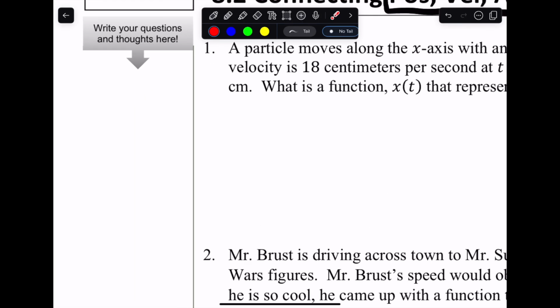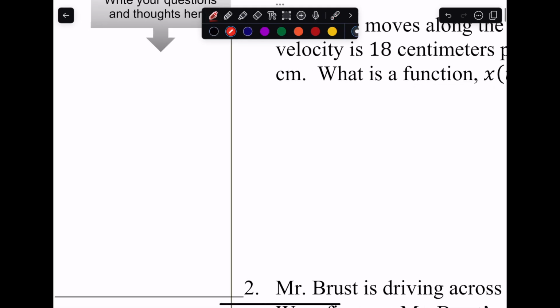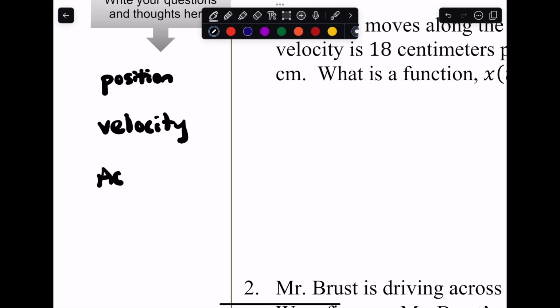One of the things I want to talk about right off the bat is some knowledge we still need to remember, the connections between position, velocity, and acceleration. Back in Unit 2, we talked about the fact that position is frequently referred to as s of t, velocity is v of t, and acceleration is a of t.